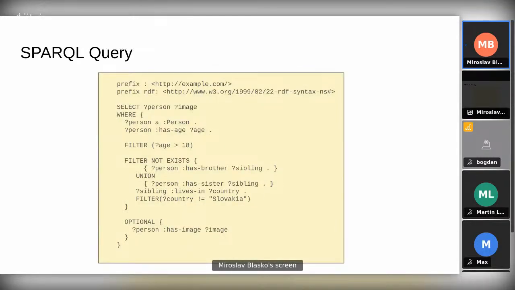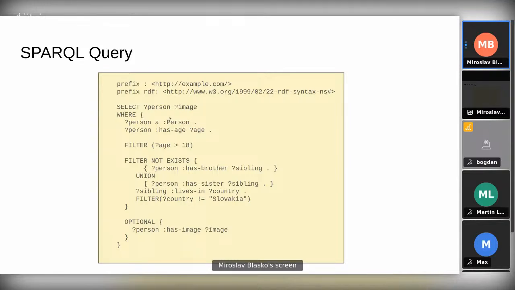You all know SPARQL, so I won't take too much time here. A SPARQL query has many parts. I will be talking about SELECT SPARQL queries only for today.